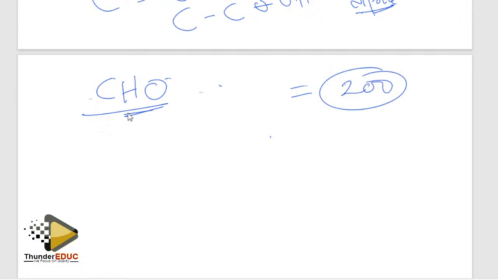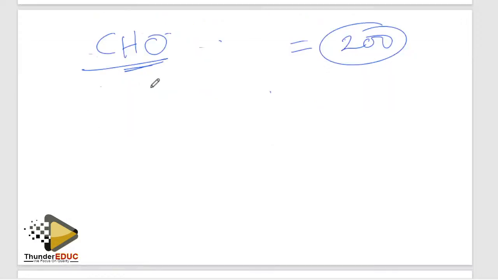Now they say that this is 10%, and this is 5%... that's too small. Let me say this is 40%, this is 10%, and this is 50%. So how do I do the empirical formula here?